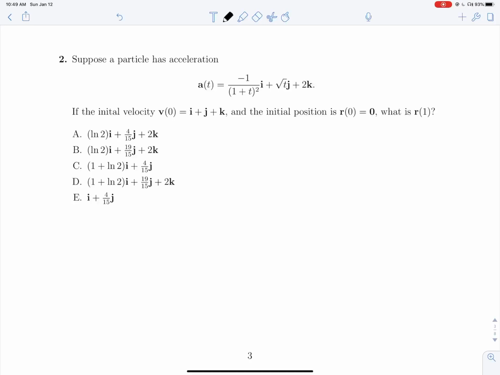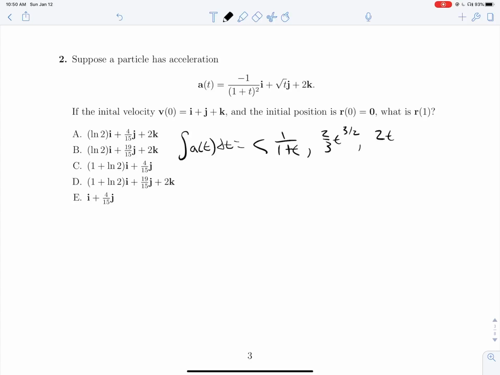So the integral of a of t dt is going to be 1 over 1 plus t, 2/3 t to the 3/2, and 2t.